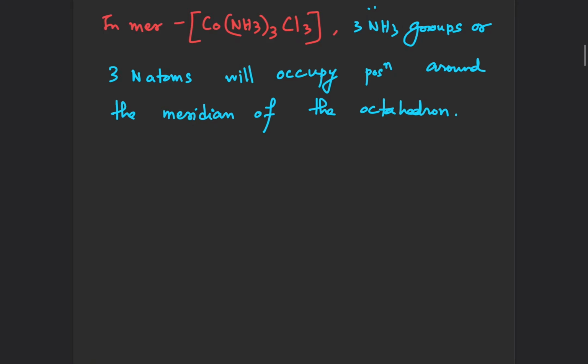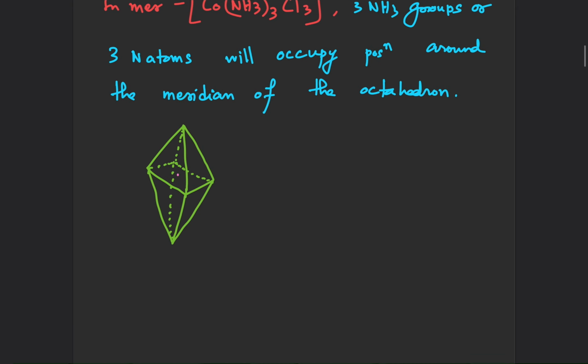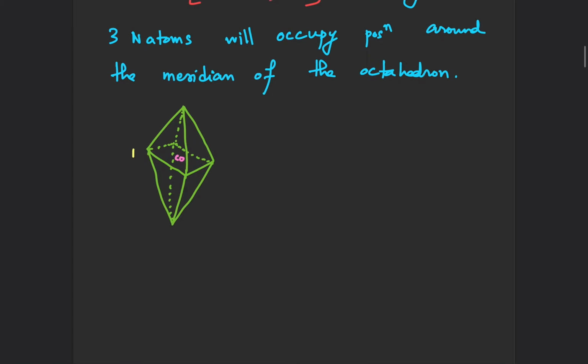With respect to the diagram, I have the cobalt here and three nitrogen atoms on the meridian.